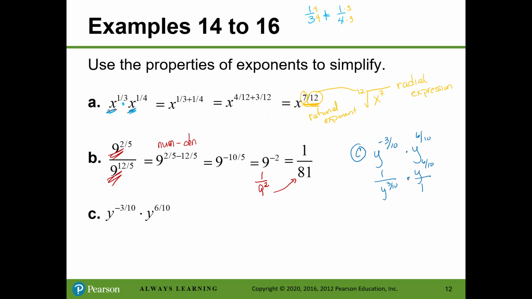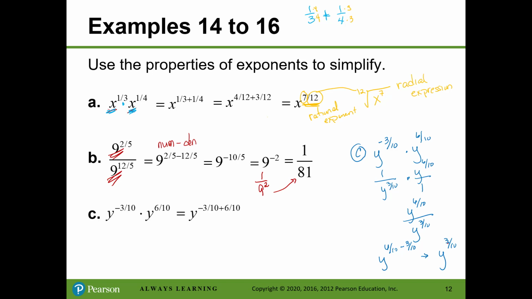Well, it looks like I'm just multiplying a couple of fractions, which means I would end up with y to the 6/10 over y to the 3/10. And when you divide, as we saw in letter B, you get to subtract those exponents, don't you? The numerator minus the denominator, which will give me simply, good, y to the power of 3/10.